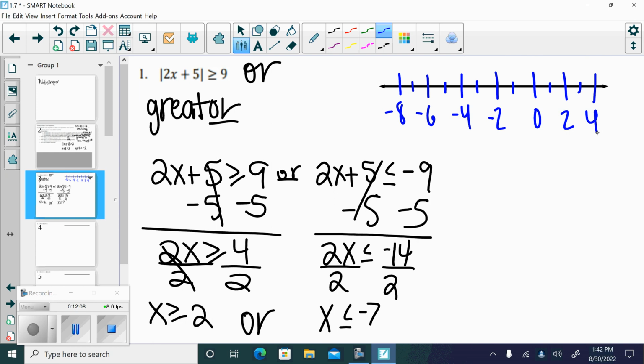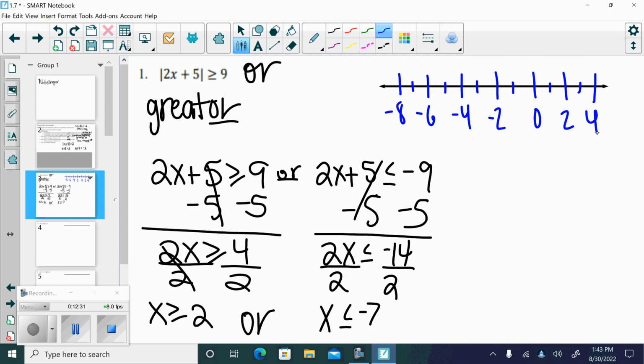Now remember, with OR inequalities, do they point away from each other or towards each other? Away. Okay, because only one of those conditions applies. Whatever x is needs to be greater than or equal to 2, or less than or equal to negative 7. So greater than or equal to 2.